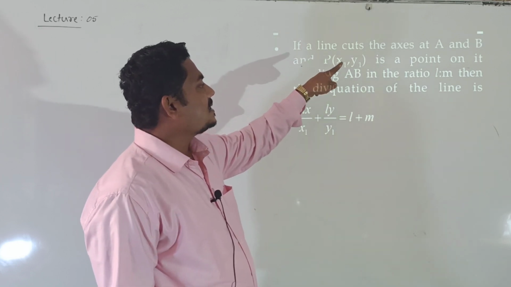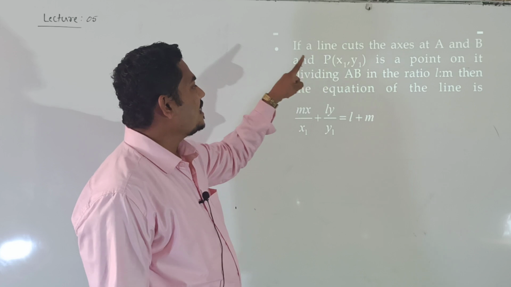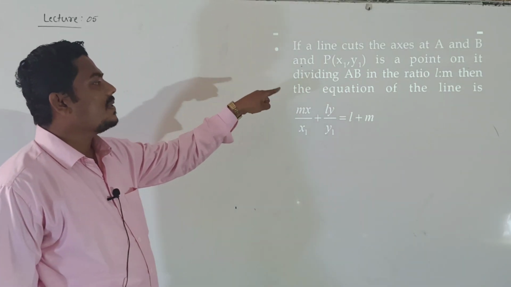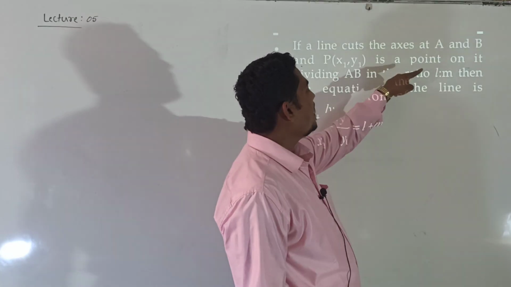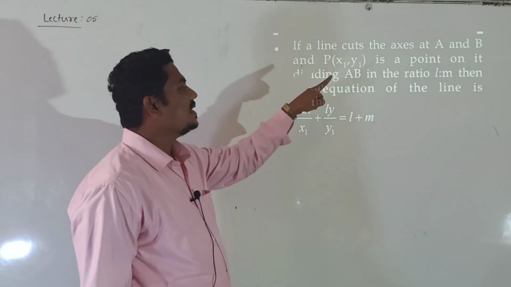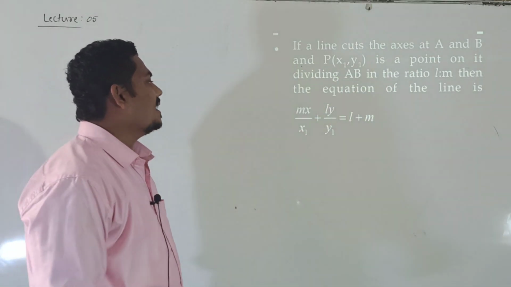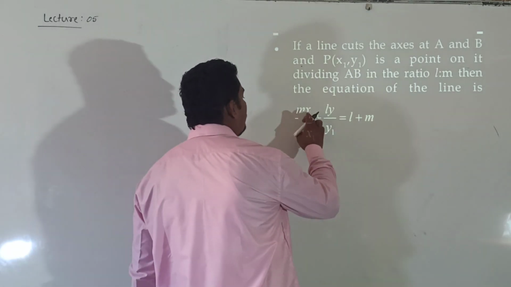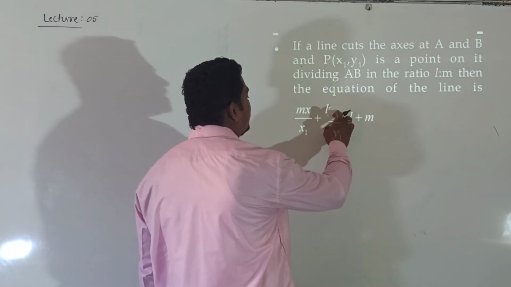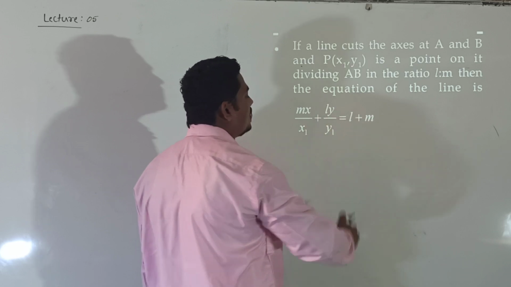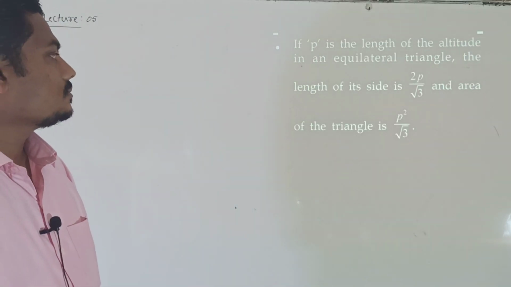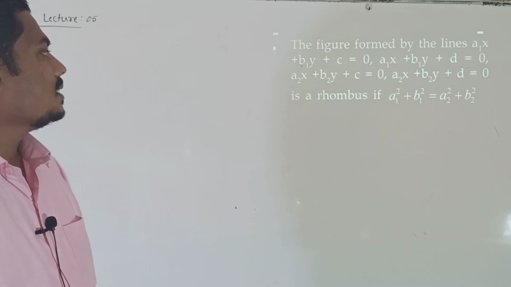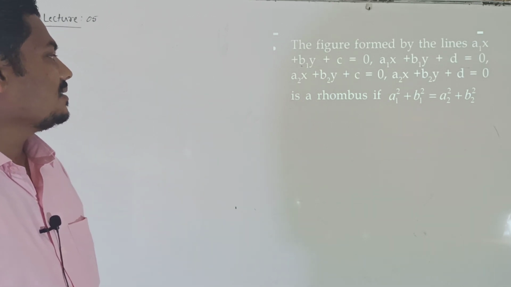If a line cuts the coordinate axis at capital A and capital B and P of x1 comma y1 is a point on it, dividing AB in the ratio of l is to m, then the equation of the line is mx divided by x1 plus ly divided by y1 is equal to l plus m. These points are not necessary, right?